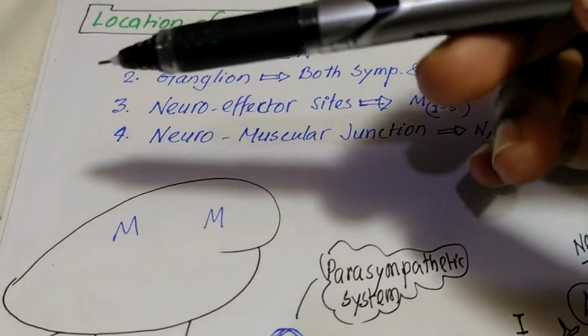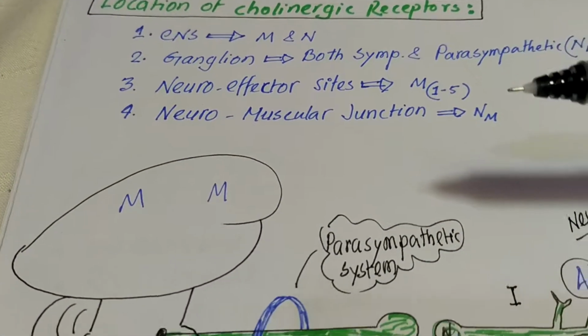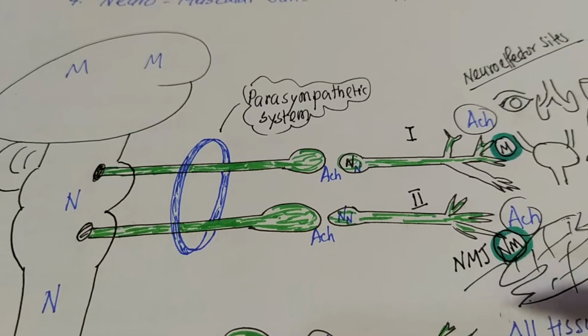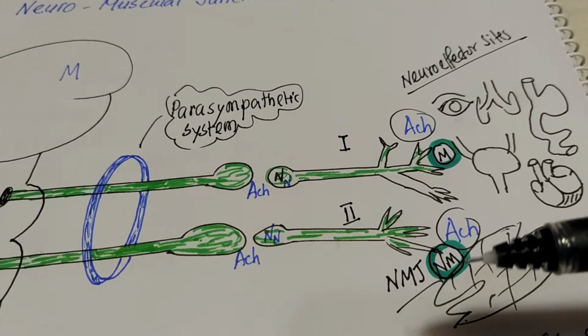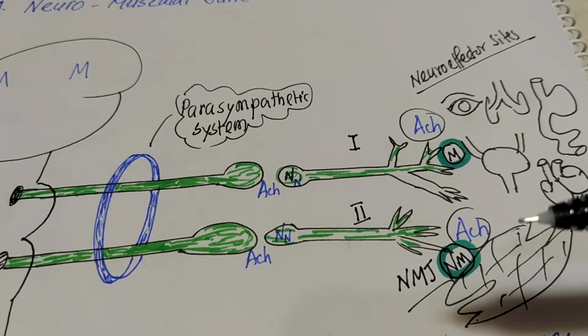And number four, the neuromuscular junction. This is the neuromuscular junction where the receptors are nicotinic type, NM type.